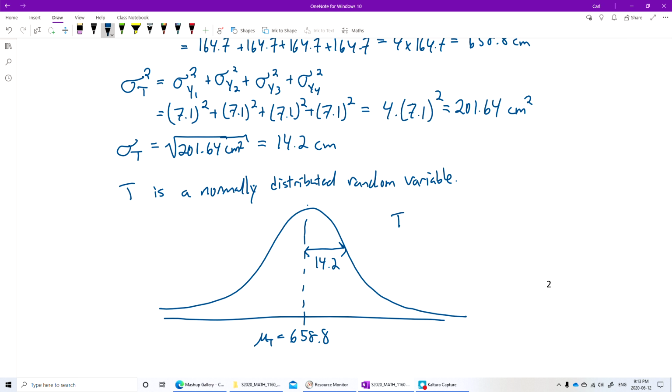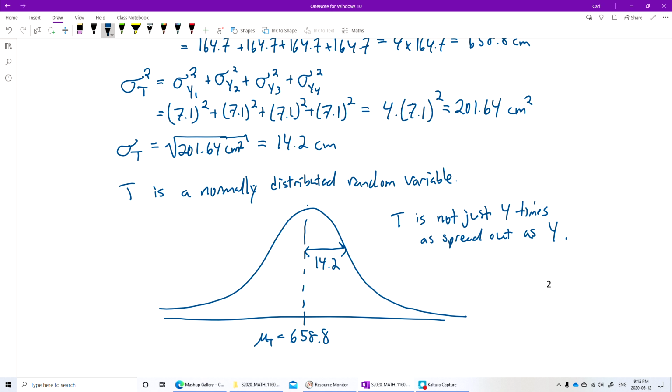So notice, this is really important here. Notice that T is not just 4 times as spread out as y. As one woman, right?